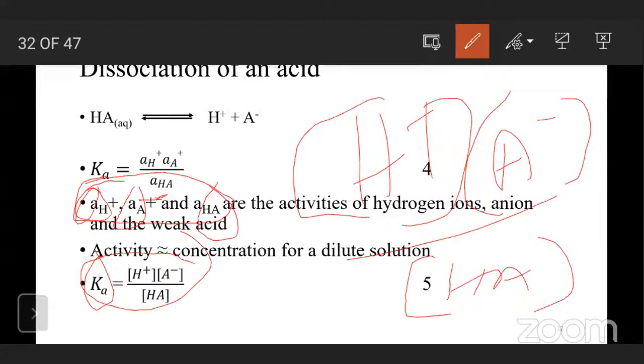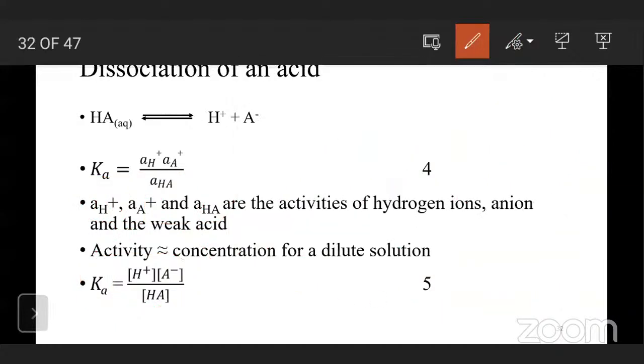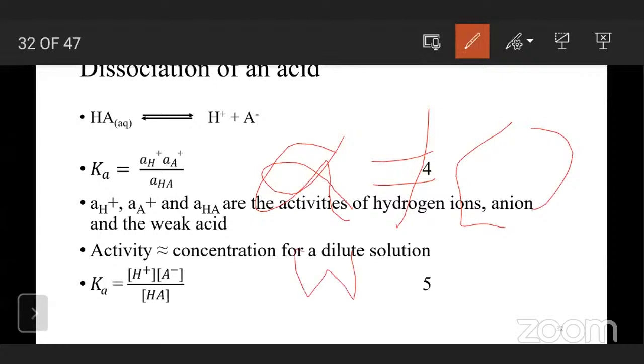And if it's a weak acid, then the activity is not the same as the concentration. That is, the activity is not equal to the molar concentration for a weak acid. The reason is just that the degree of dissociation is not equal to 1, so a weak acid does not dissociate fully in solution.